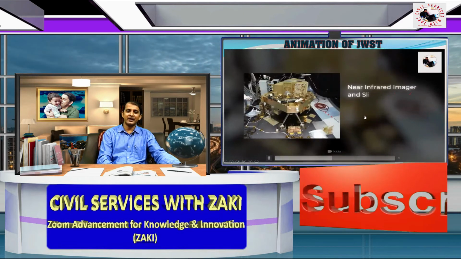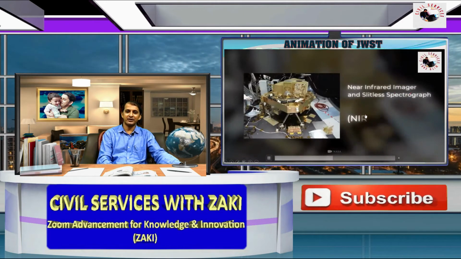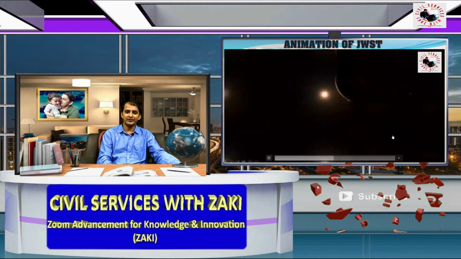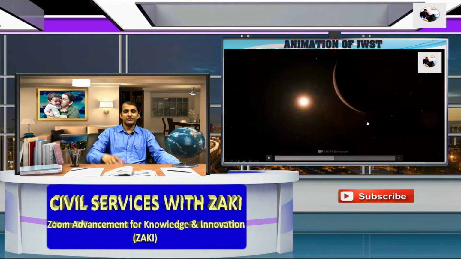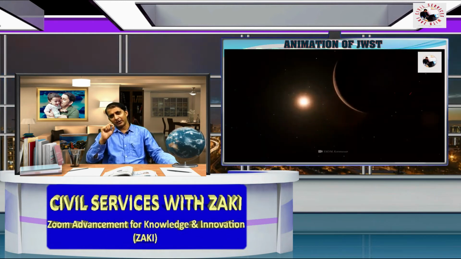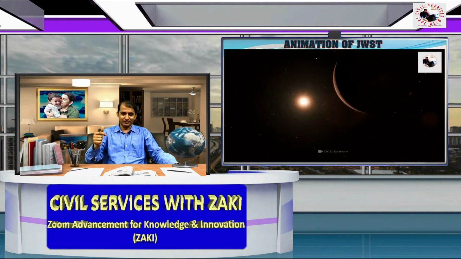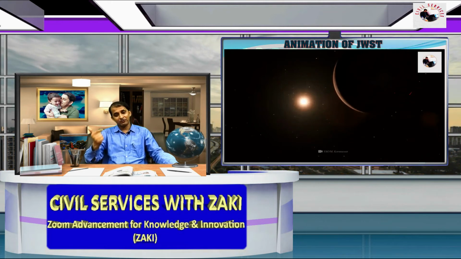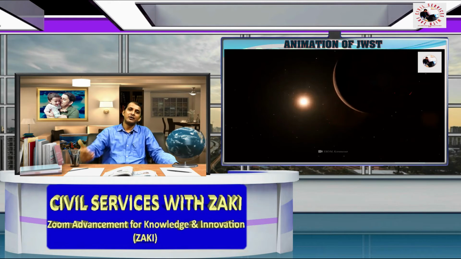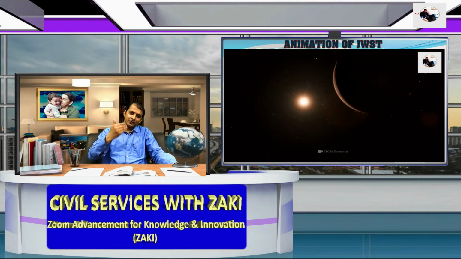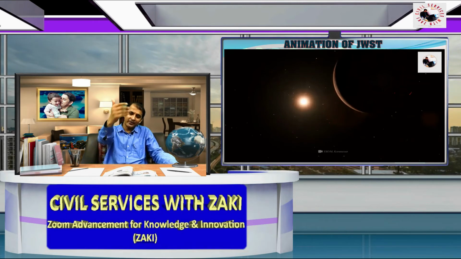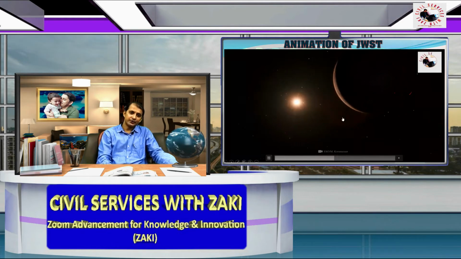Another is the near infrared imager and slitless spectrograph, or NIRISS camera. It is basically made for exoplanets. So it can detect exoplanets far beyond our galaxy and in far away galaxies.